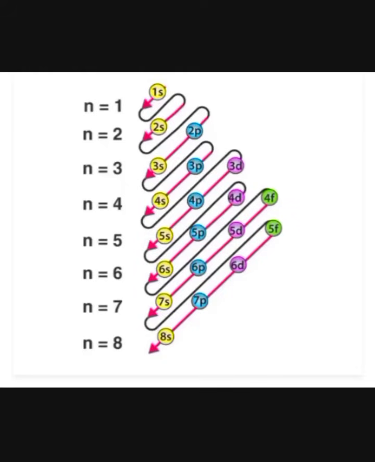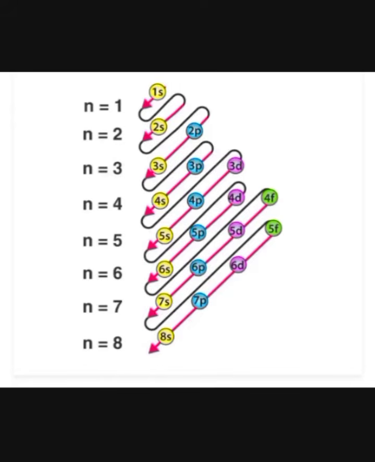So this diagram clearly explains the Aufbau principle. For example, you have 1s, 2s. The s orbital starts from 1. Then the p orbital starts from 2. The d orbital starts from 3. Then the f orbital starts from 4.